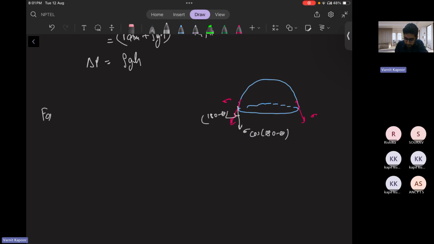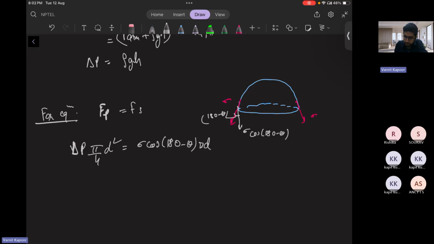Balance for equilibrium: weight is equal to Fs, or you can say pressure force, that is not weight. This time we are balancing through pressure force, Fp. What was Fp? Delta P into pi by 4 d square is equal to Fs, which is sigma cos of (180 minus theta) into pi into d.